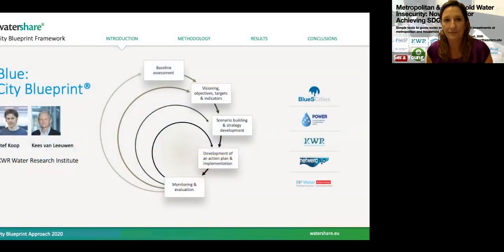The approach is basically to help cities to become water wise, and we provide the baseline assessment, after which cities have to do the visioning, the scenario building, the development of an action plan, and also the monitoring and evaluation.